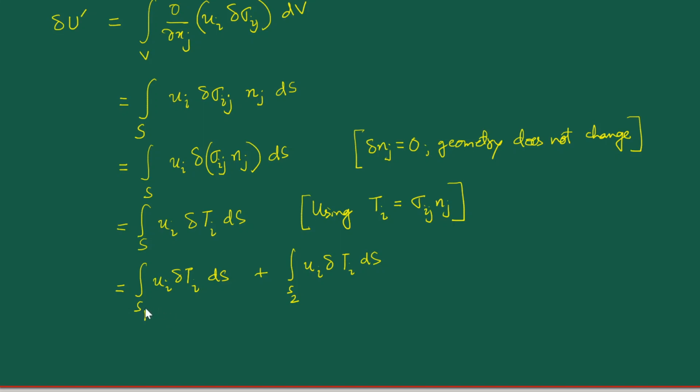So also over the S1 part of the surface, because the tractions are actually given to us, the first variation of the traction over S1 will be 0. Okay, so what we are left with is just this integration.